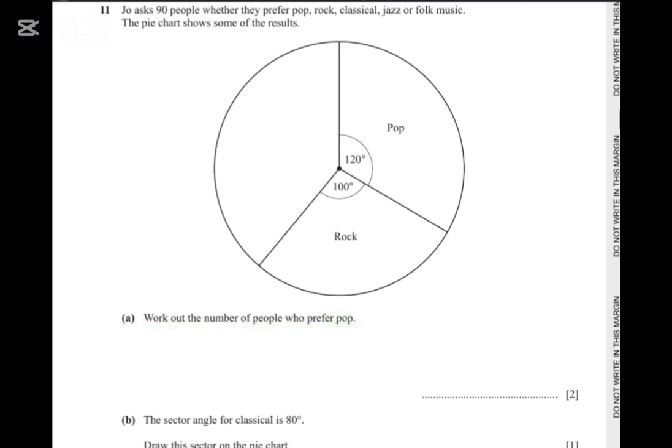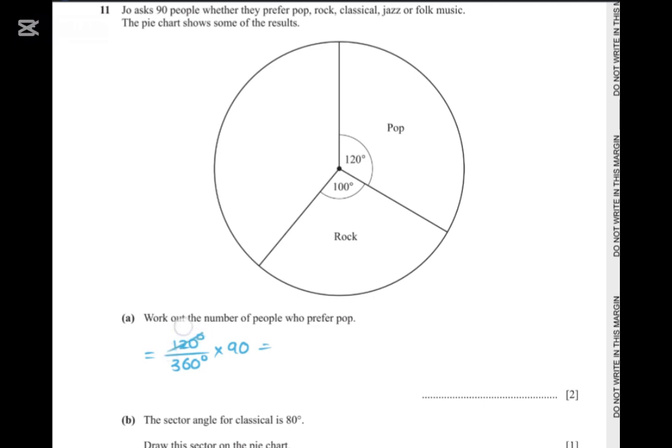Using this pie chart angle, we can find the number of people who prefer pop. The angle divided by 360 multiplied by the total number of people gives the number of people who prefer pop.